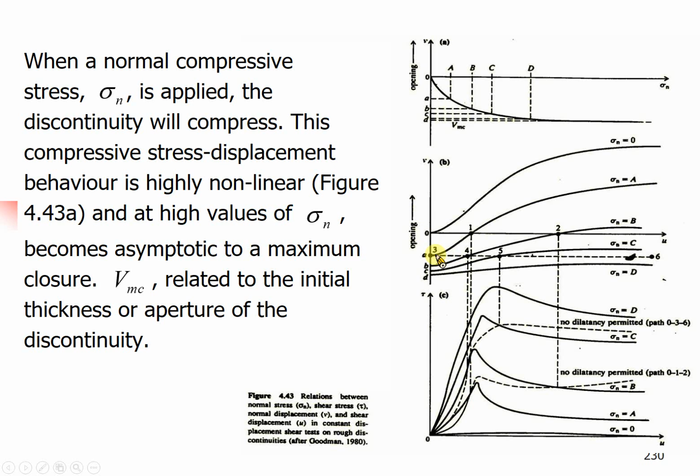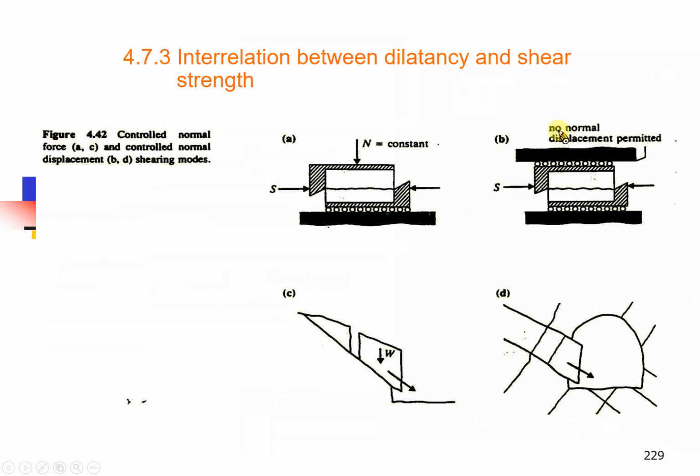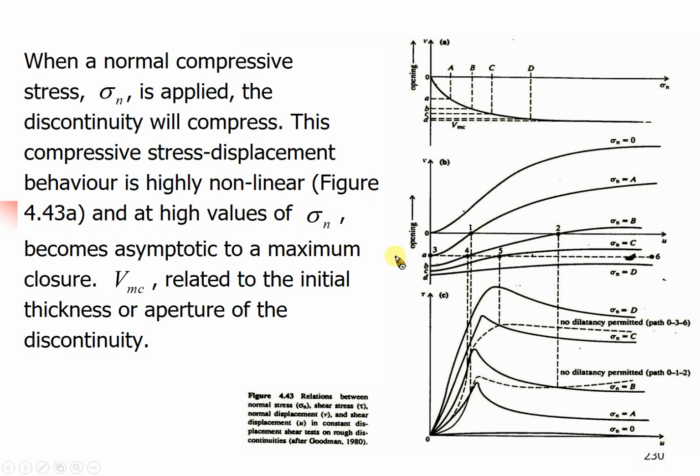It tends to open. It tends to dilate. But we constrain it like this. We constrain the dilation. If we constrain the dilation, then of course your normal displacement will remain a constant. Okay?